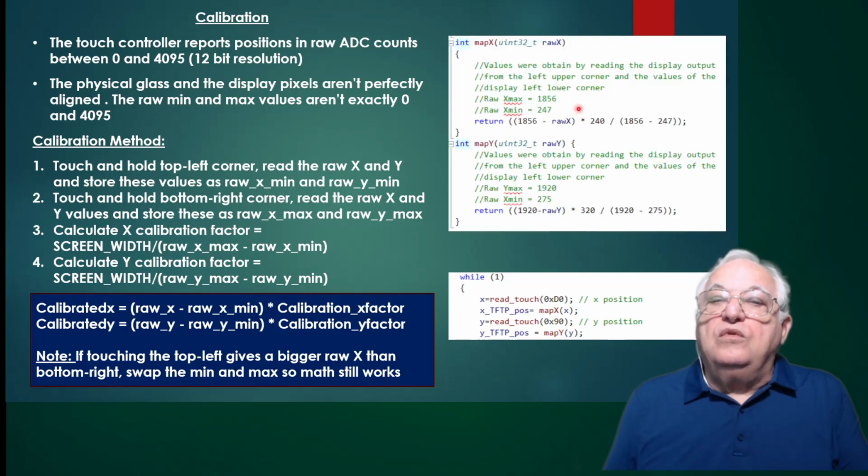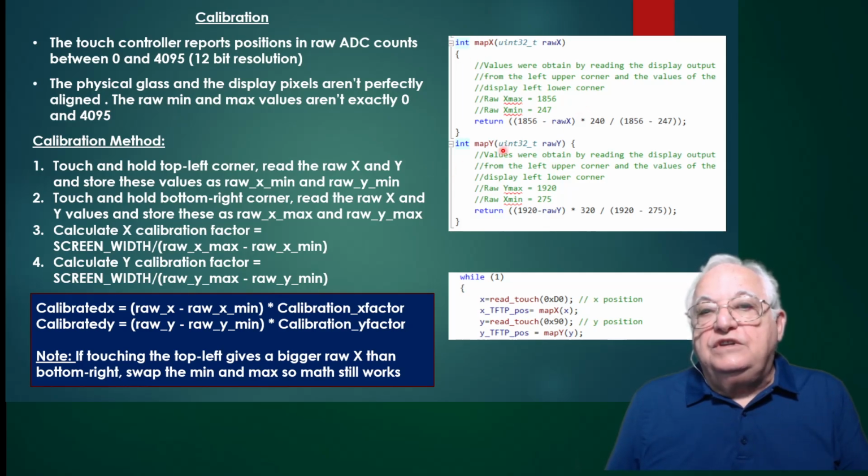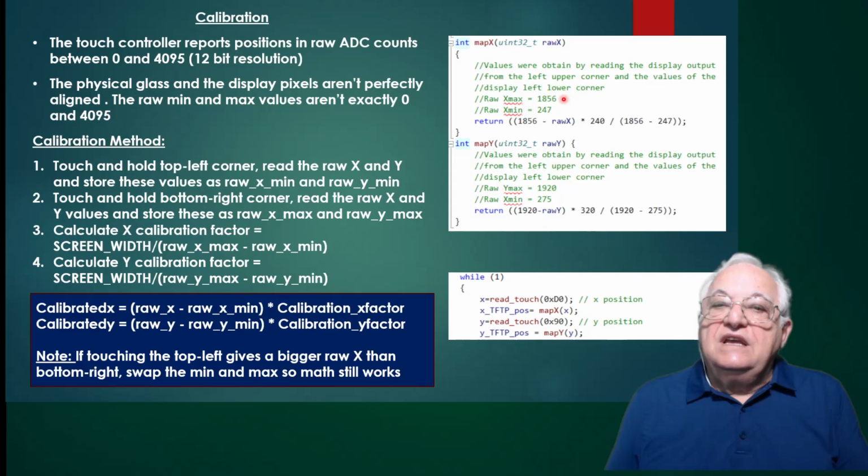So I use these two routines. Now, the row max in our case is 1856, the X max, and the X minimum is 247. So I got those numbers by touching the left corner.